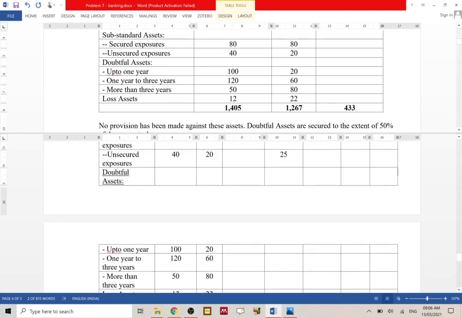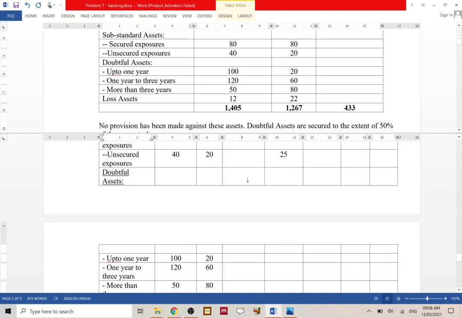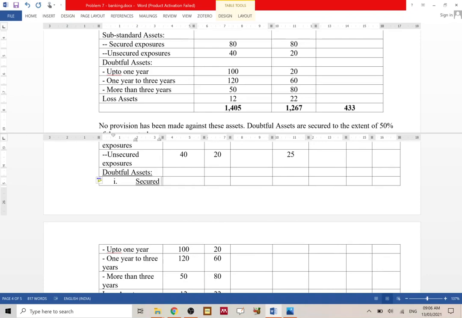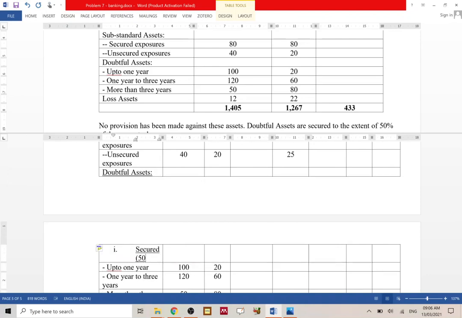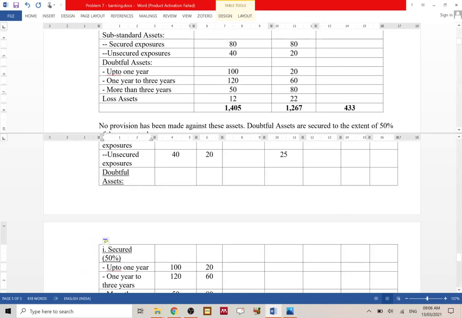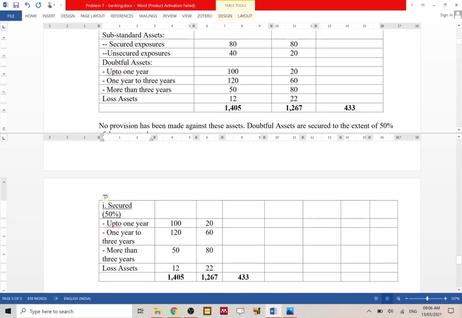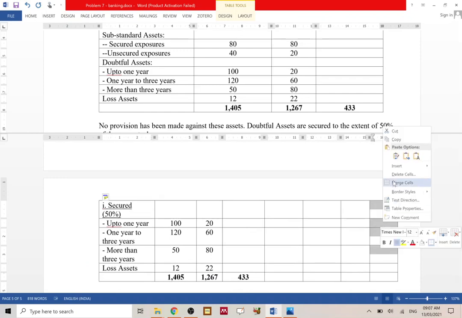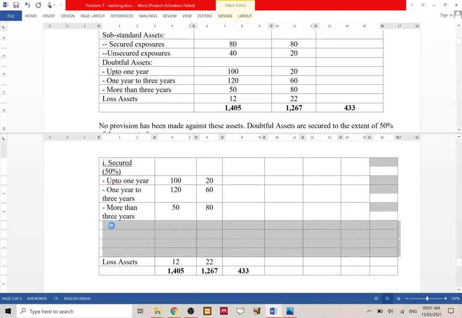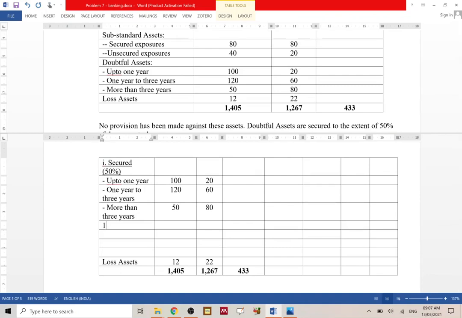Fine. So what I will do here is, under doubtful assets, I will make a further category and say secured, in brackets 50%, and up to 1 year, 2 years, 3 years. Similarly, I'll make another 4 rows over here for unsecured.